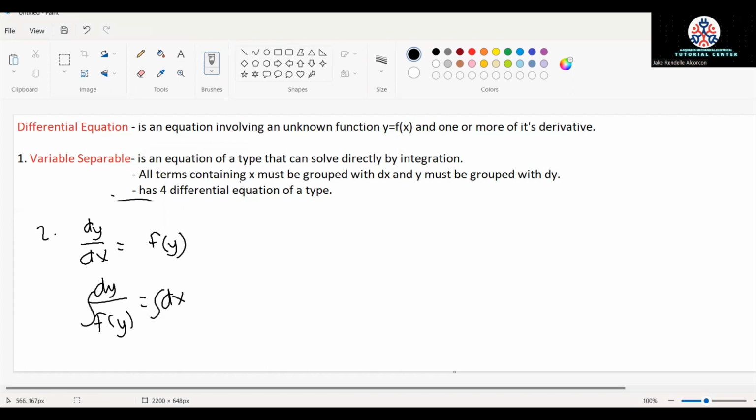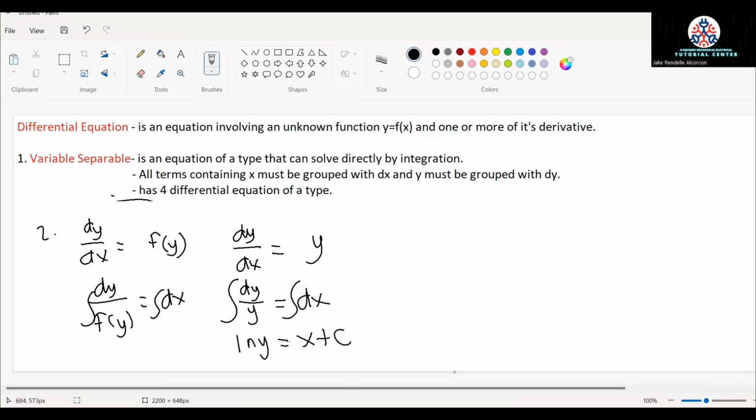For example, let's give a value for the function of y: dy over dx is equivalent to y. Therefore, dy over y is equivalent to dx. Then after integrating both sides, the integral of dy over y is ln y and the integral of dx is x plus c. This solution is also called a general solution because the value of c is not yet defined.